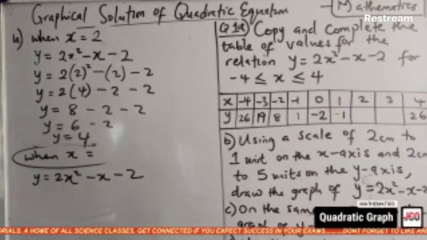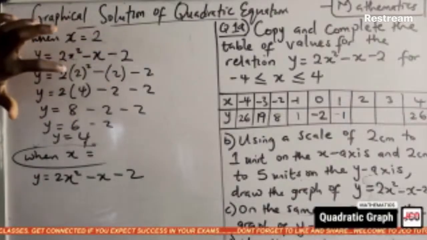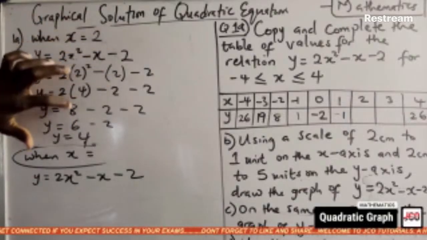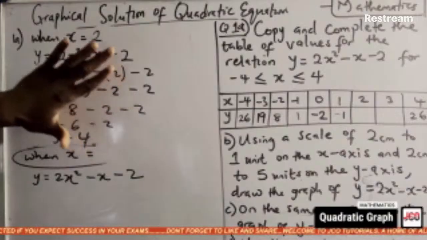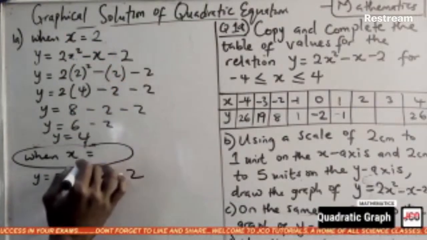That is 4 there. I want to check to be sure that we do not make a mistake. x is 2. So 2 squared is 4, 4 times 2 is 8, minus 2, minus 2. Yes, this is 4.